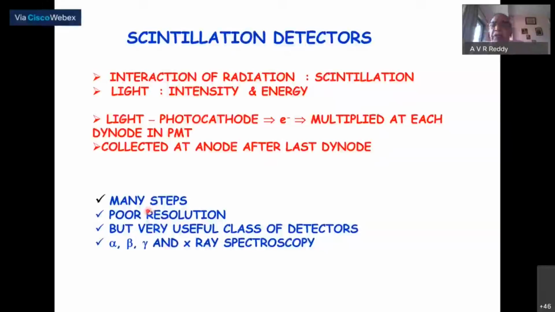So many steps are involved, starting from interaction to producing a visible-compatible photon, to photocathode interaction, and then multiplication, etc. Therefore, resolution using the scintillation detector is poor, but it is a very useful class of detectors. We can measure alpha, beta, gamma, and X-ray spectroscopy, and it is extremely useful and reasonably cheap price-wise.